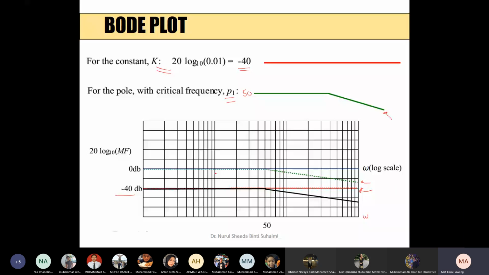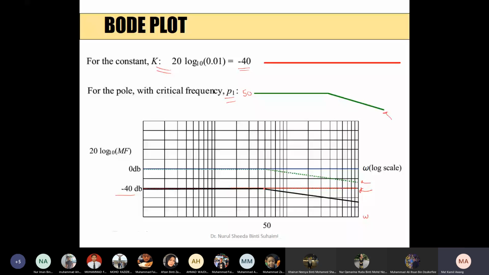We add the dotted line here. From 0 to 50, 0 added with minus 40 is minus 40, so you get this line. This is the addition, the black one. Then it starts to go down, so it becomes minus 40 added by minus something.